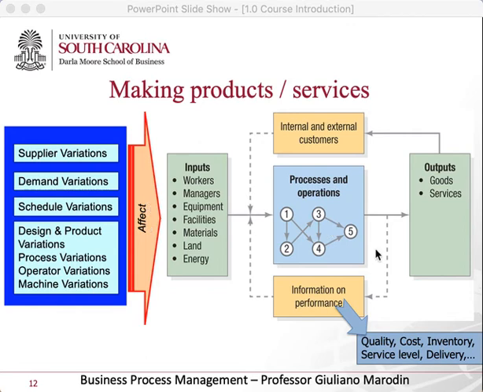Only by doing that can I impact my performance metrics, and that's what continuous improvement is all about. Finding out what is the performance metric that you need to improve, then going back and finding out what is the input that impacts that most, so you can change that input and have the biggest impact on your inventory, service level, delivery, whatever performance metric that you're looking at.